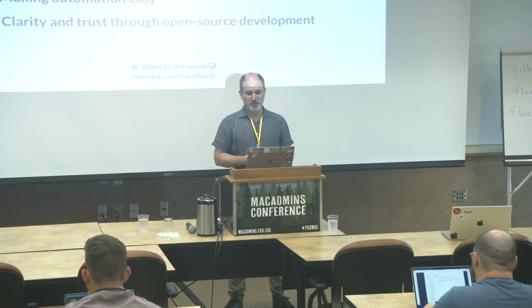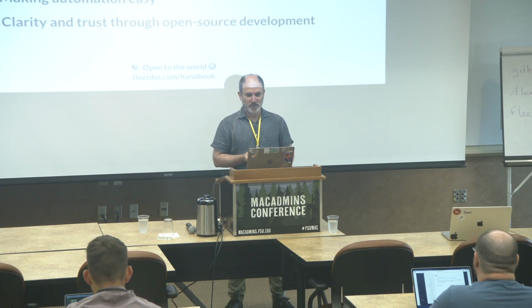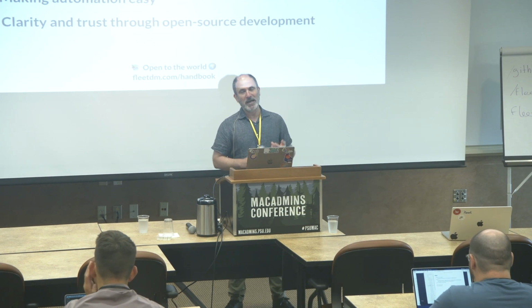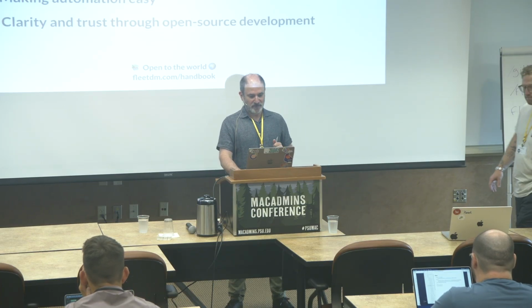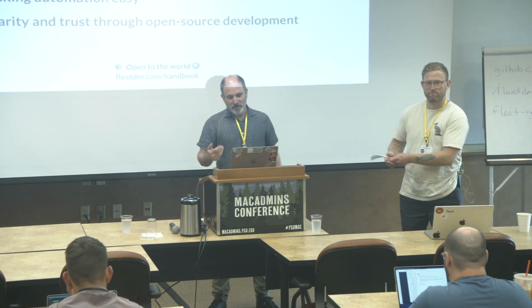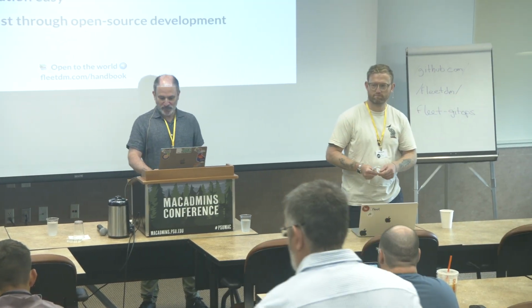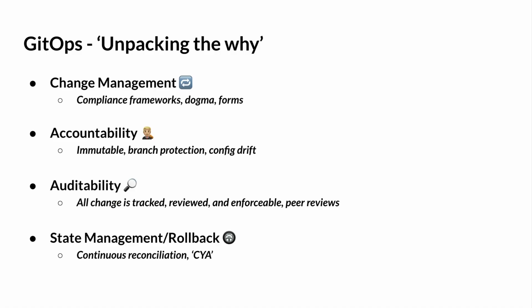Basically every feature in Fleet has an API endpoint. We don't prevent you from doing things by limiting them behind buttons or the UI. We like to make things as simple and as good as possible. And I already kind of hit on this, clarity and trust through open source development is really the theme here. I want to talk a little bit about this stuff.